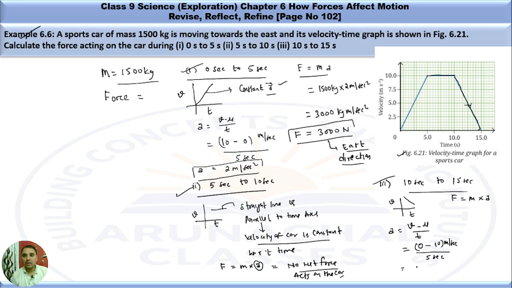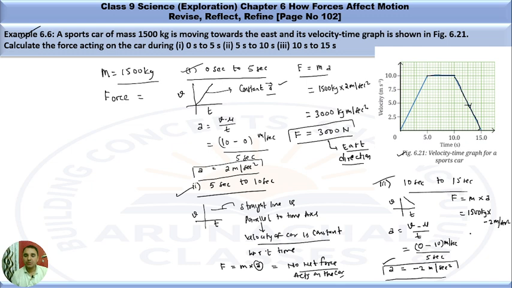So it is minus 10 upon 5, that is minus 2 meter per second square. So we have got the acceleration as minus 2 meter per second square. It represents retardation. So mass is given as 1500 kg. Acceleration we have just got as minus 2 meter per second square.